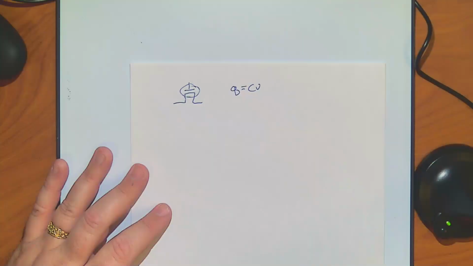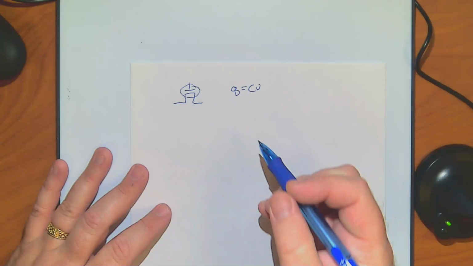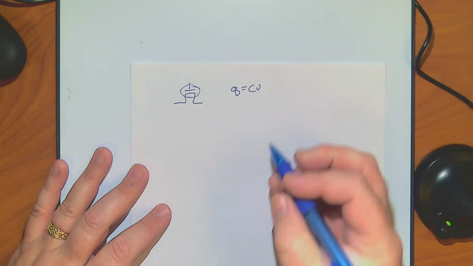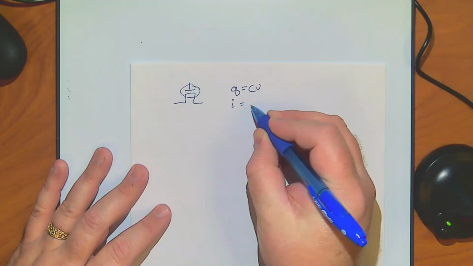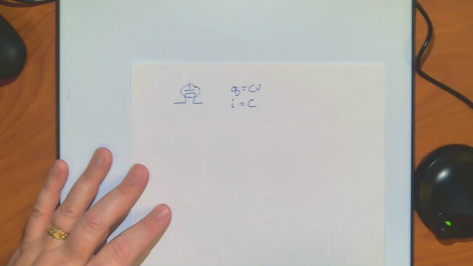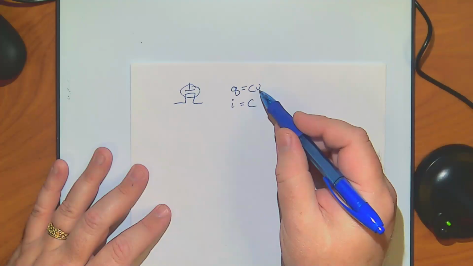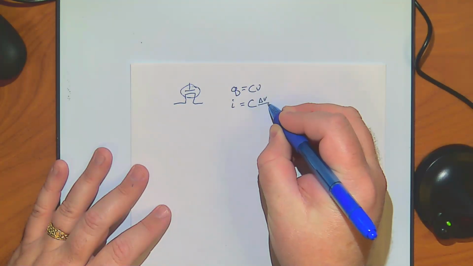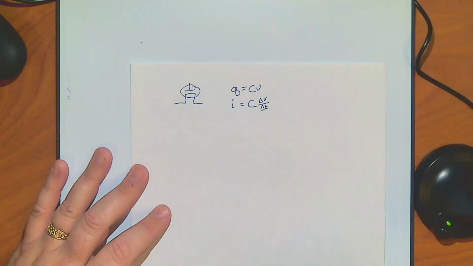What happens if I take the time derivative of this? Well, the derivative of Q is I, your current. And I get C, assuming your capacitance isn't changing, times the change in V over the change in time.